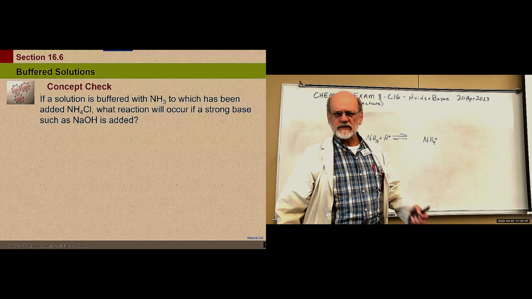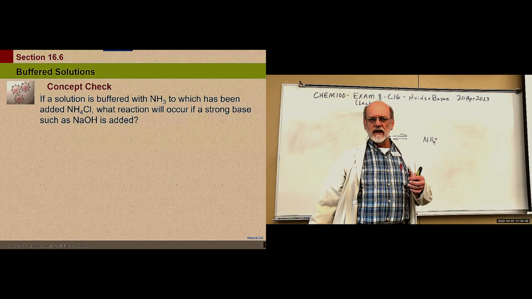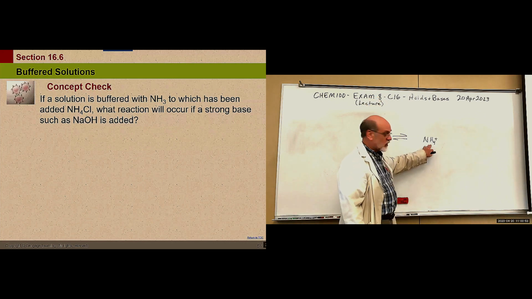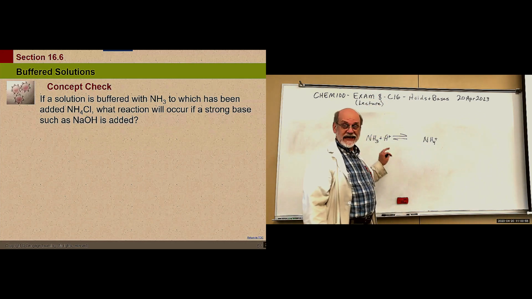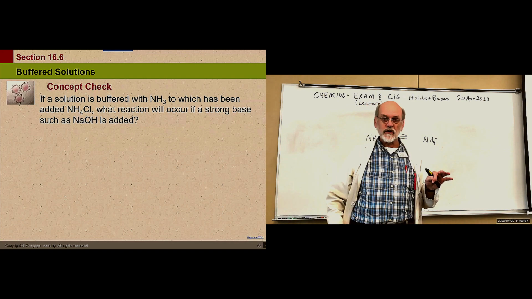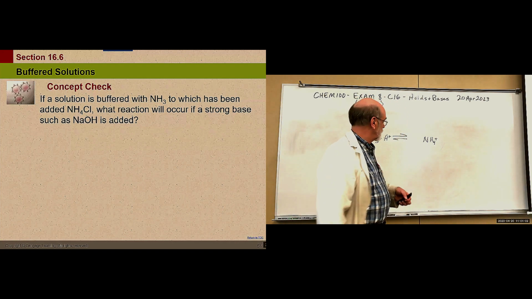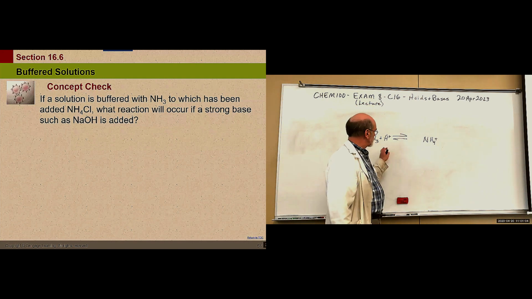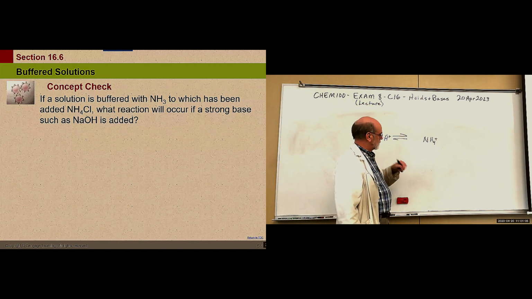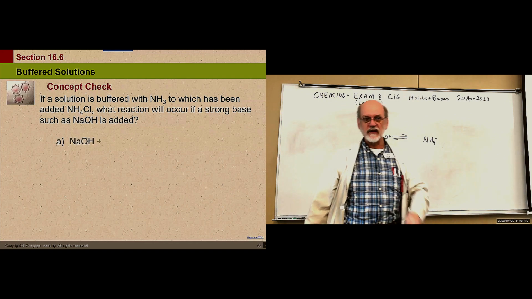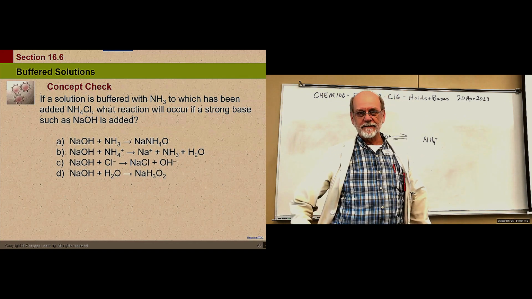So, okay, if a solution is buffered with ammonia, which has added ammonium chloride, there you go. So there's your ammonium and there's your ammonia together. What reaction will occur if a strong base, such as sodium hydroxide, is added? Sodium hydroxide will consume protons from this one, or on this side, whichever the case may be, right?